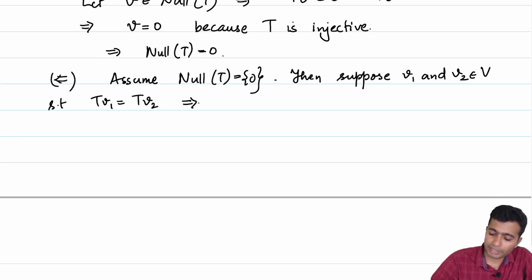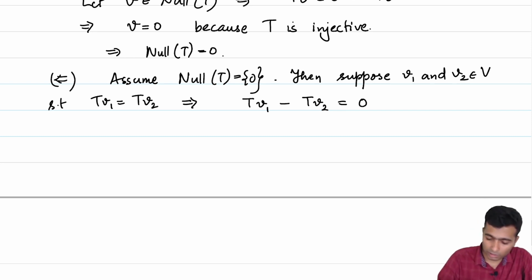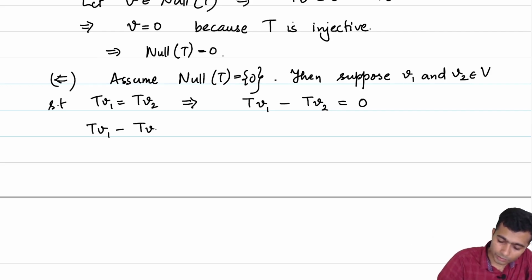This, however, implies that Tv1 minus Tv2 is equal to the 0 vector by adding the additive inverse of Tv2. Now, this is an exercise for you to check that Tv1 minus Tv2 is nothing but T of v1 minus v2.